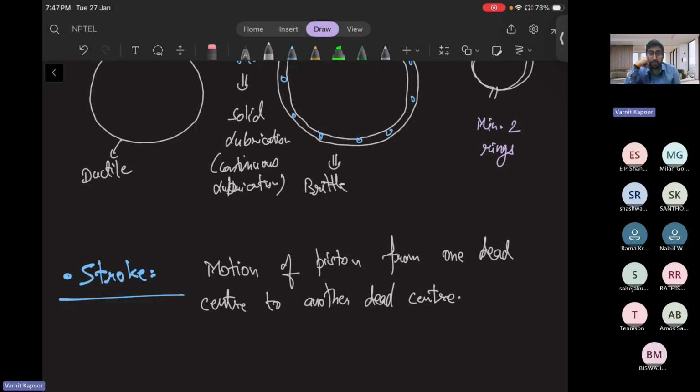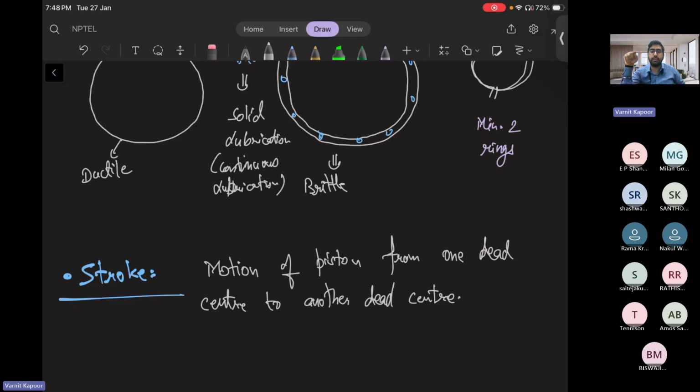Yes, the piston remains stationary. Correct. That means the velocity is zero at that instant. The piston becomes stationary, so at that position the piston achieves zero velocity, and the acceleration changes its direction.